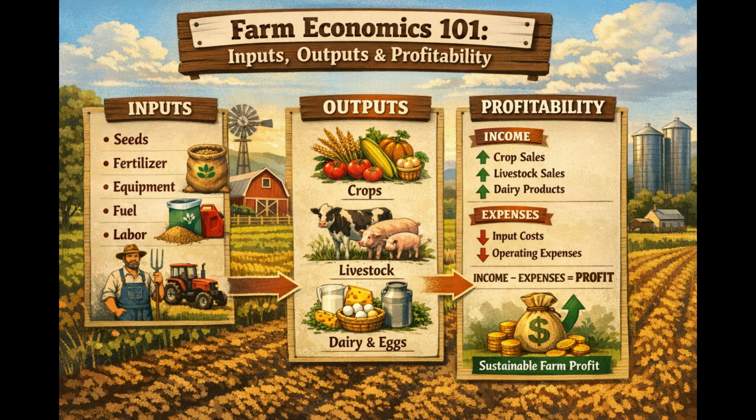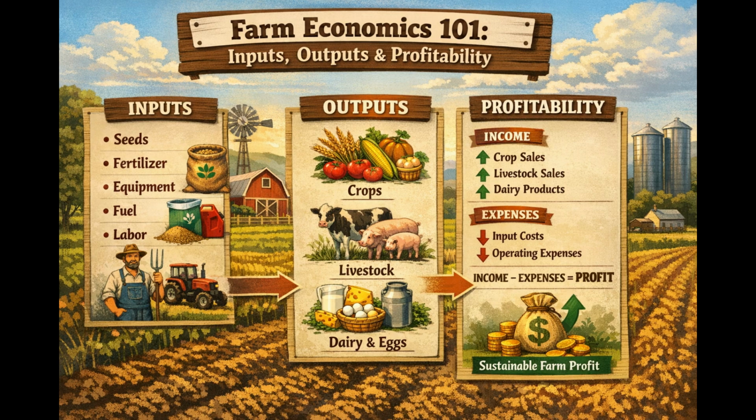His net profit went from $30,000 to $110,000. He's farming the same number of acres, but he's almost 4 times more profitable because he optimized the whole system. That's the power of thinking systemically about profitability. It's not one decision. It's 100 small decisions, all pointing in the same direction.